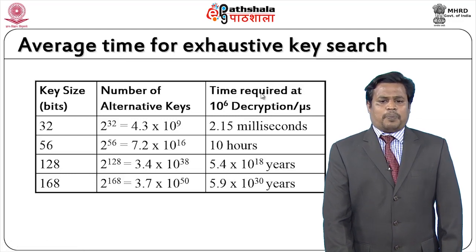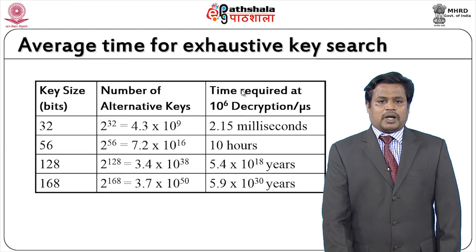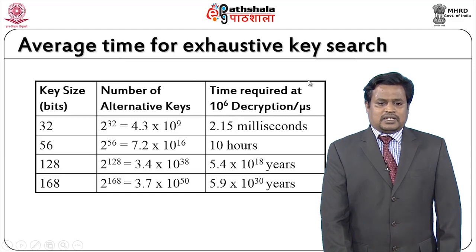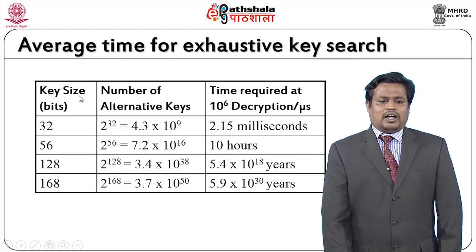So, there are only 4 possibilities, and it is very easy for an attacker to get back the message without knowing the key. This table explains how difficult it is for an attacker to break the algorithm without knowing the key, based on the size of the key. For example, taking a 32-bit key, the number of alternative keys possible is 2 to the power 32, that is 4.3 times 10 to the power 9.